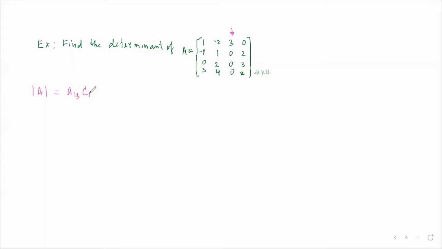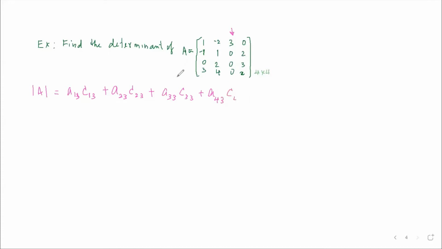Plus second row, third column, A23 times C23. Now third row, third column, A33 times C33. Plus the next one, fourth row, third column.